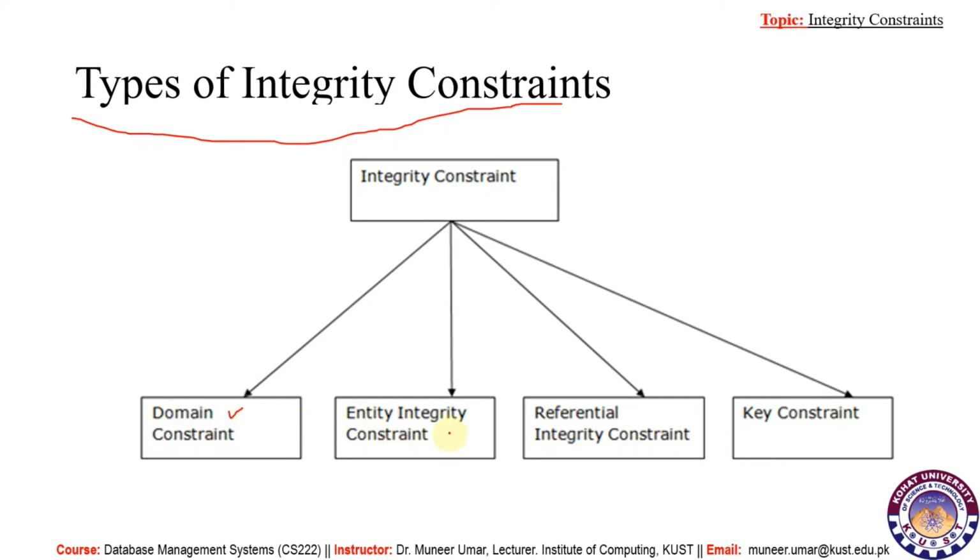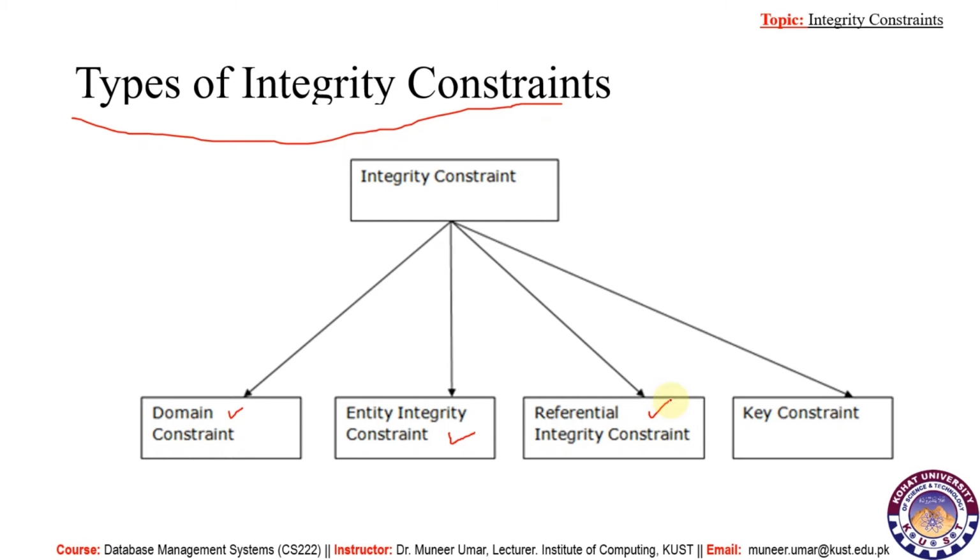Then the second one is entity integrity constraint. This type of constraint is associated with the primary key of a table. Usually we check the value of the primary key whether it is null or not. If the primary key value is null, then there would be a violation in the data integrity. Then we have referential integrity constraint.